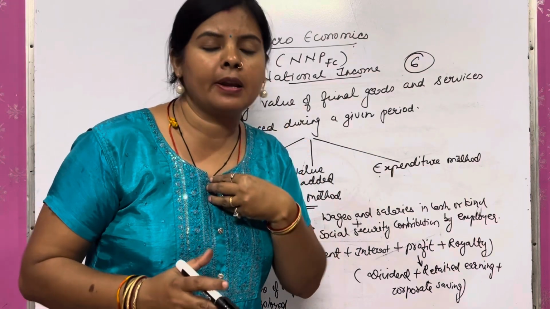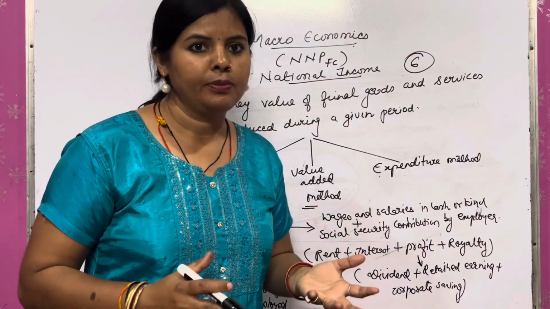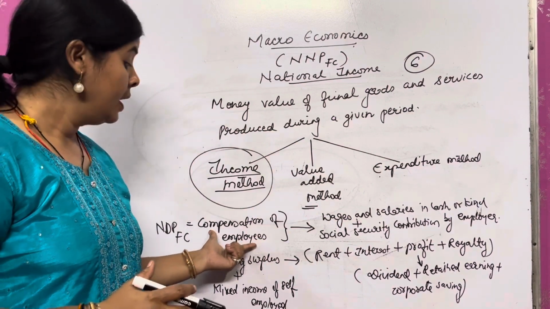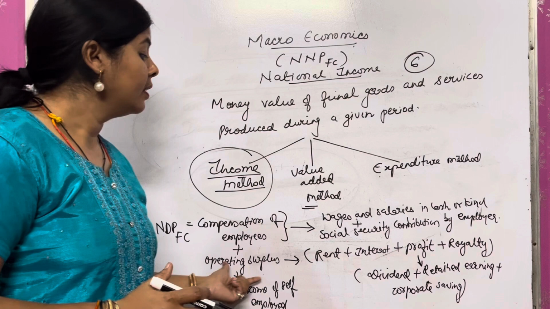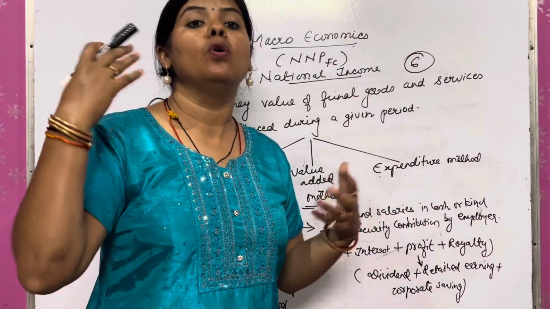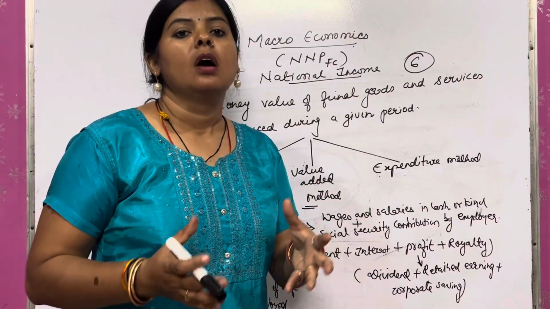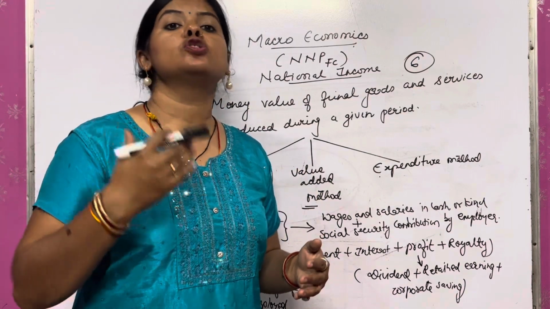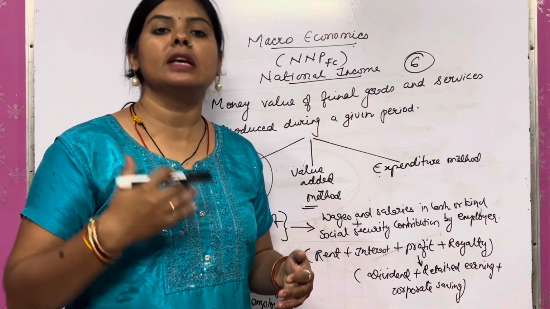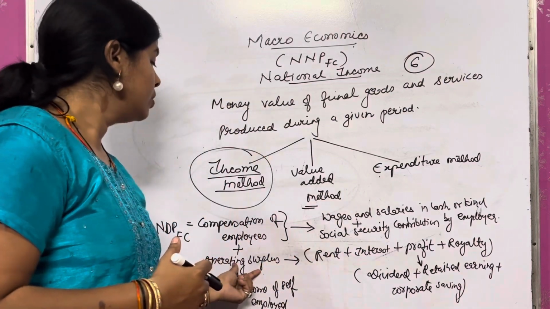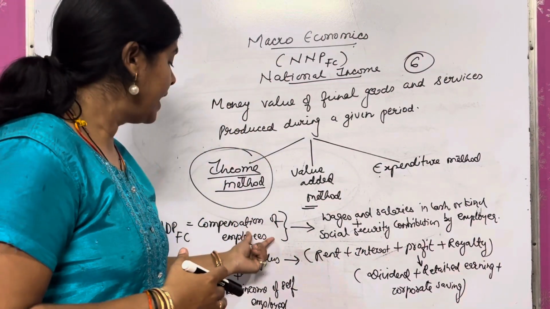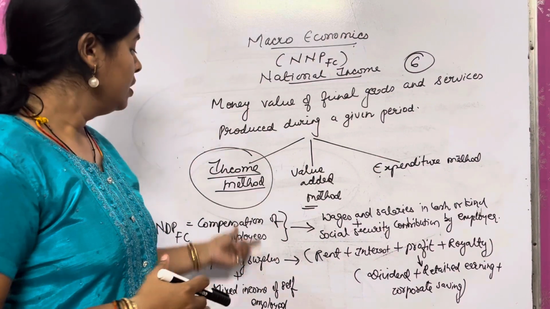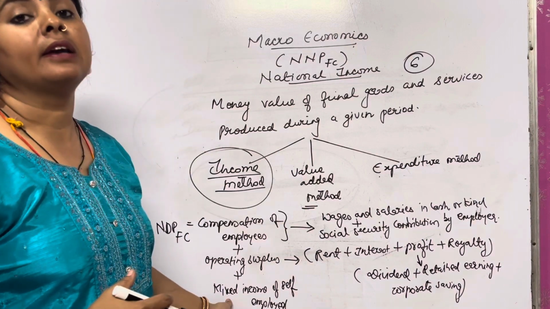Income from an institution is added in compensation of employees. If I have my own house and give it as rent to another person, that is also a source of income. Interest earned is also part of income. We add the mixed income of self-employed also. That is called the income method.